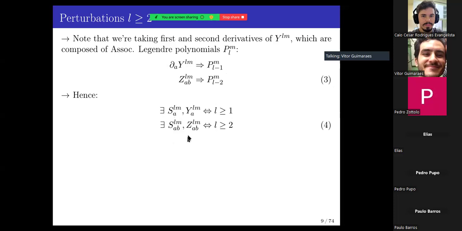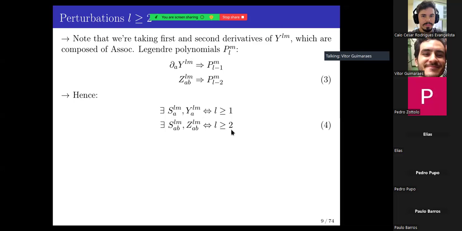And the same goes for these elements here, because they are constructed from second derivatives of the scalar spherical tensor, which means that they won't exist for L greater or equal than 2.